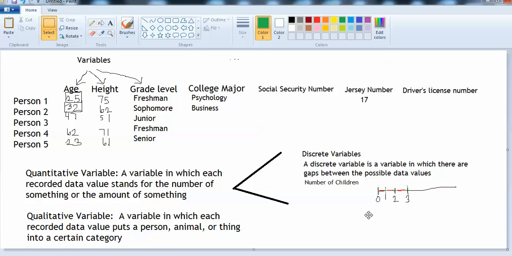What could be another example? Well, what if you ask people, what's your shoe size?